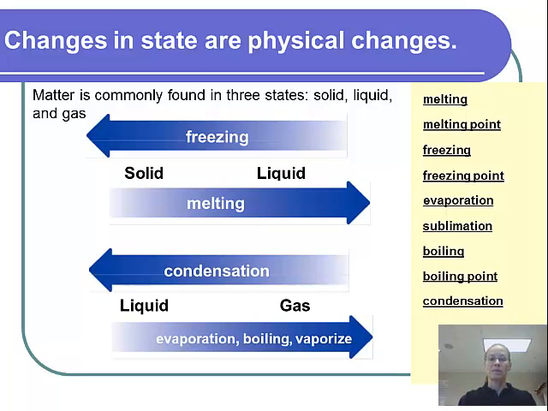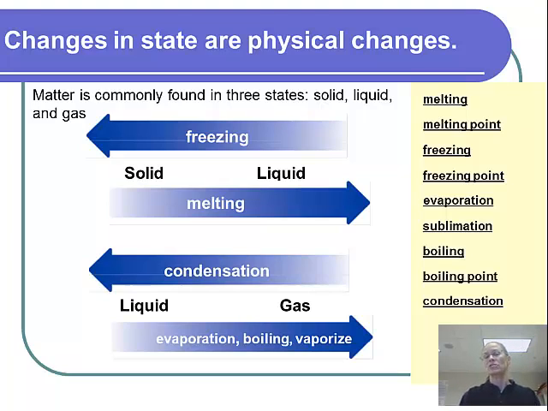In the process of going from a liquid to a gas, we see evaporation or boiling, and vaporization is another term for that. Going the other way from a gas to a liquid is the condensation process. With condensation, you are removing energy from the system, and going from a liquid to a gas, you are adding energy, increasing the amount of energy in the system.